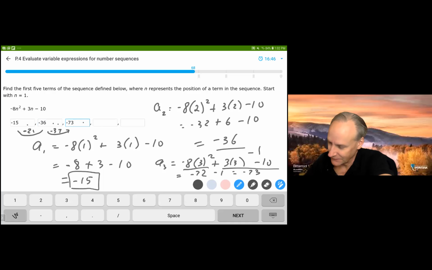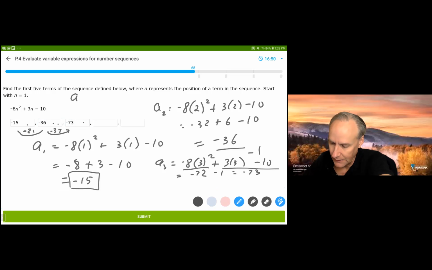Okay, let's do the next one. A4. A4 is going to be -8 times 4 squared plus 3 times 4 minus 10. And that is going to be -8 times 16, which is -128.